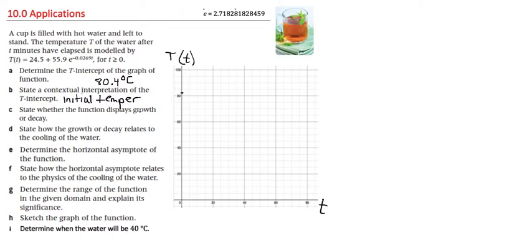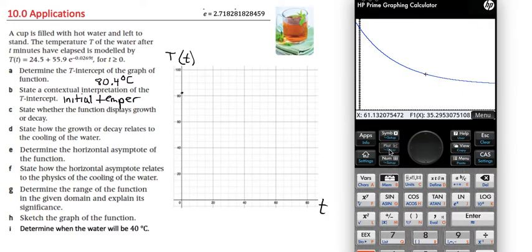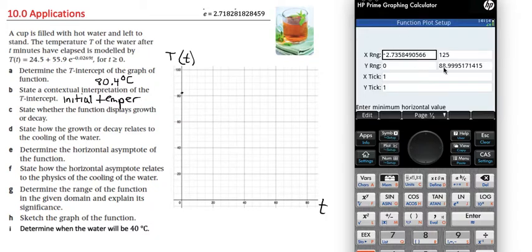State whether the function displays growth or decay. Okay, so let's just hit plot on this. As you can see, I have a nice graph here. You're going to have to be clever with setting up the window. You can try auto scale, but basically the number of minutes are going by. So we can go to Shift Setup, and in order to get this nice graph, plot setup, I started at 0, and I can already see that it's going to want me to plot it over a lot of time, so I made it up to 125.